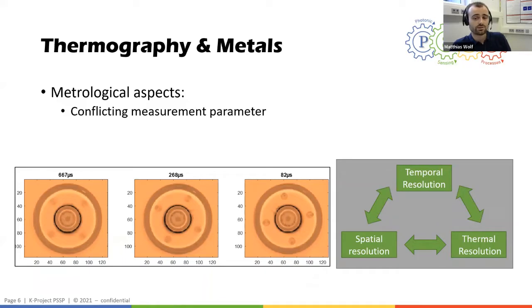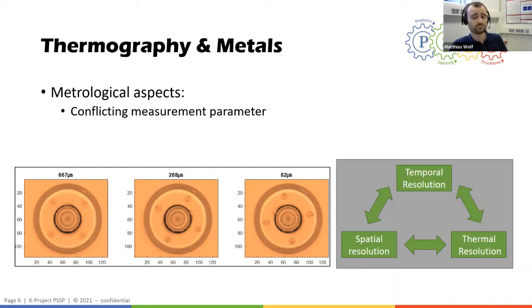Another really important aspect is the rather high thermal diffusivity of most metals. These cause very short diffusion processes, for example, in comparison to non-metal materials, and hence we usually require rather high frame rates to achieve the required number of samples in a certain period of time.